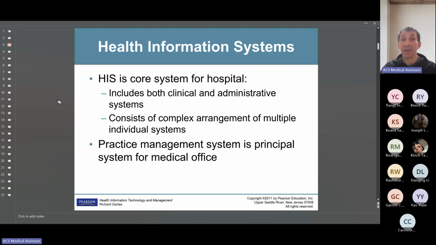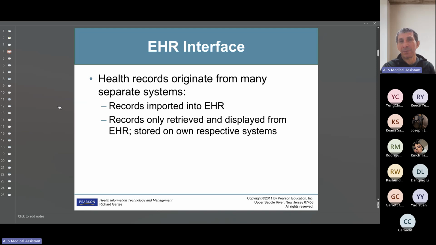It's just that electronic makes things a lot easier versus paper, because back in the days, everything had to be written down. Now, everything is electronic, a lot easier to manipulate.